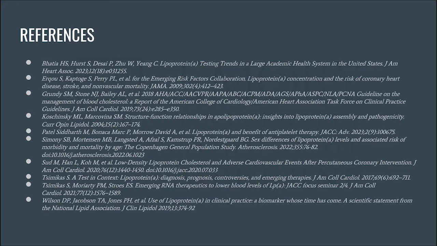Yeah, I have a comment regarding this whole area of Lp(a). Brian, you and I may have discussed this previously, but one of the conundrums for me about this whole area is that the most potent lowering agent for Lp(a) is niacin.